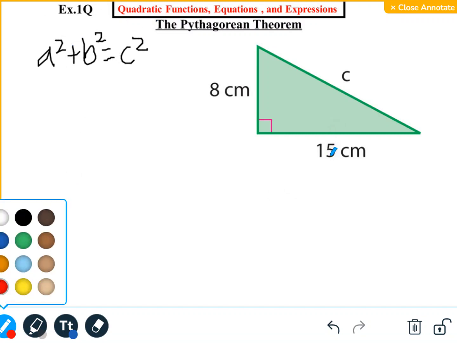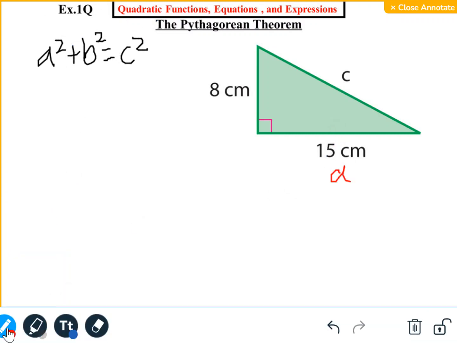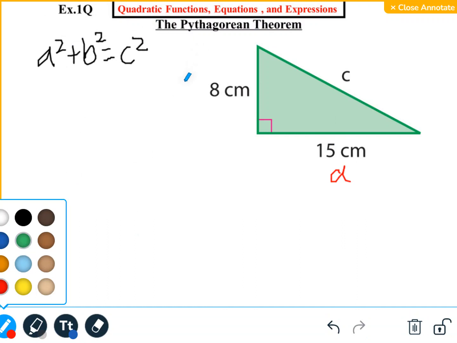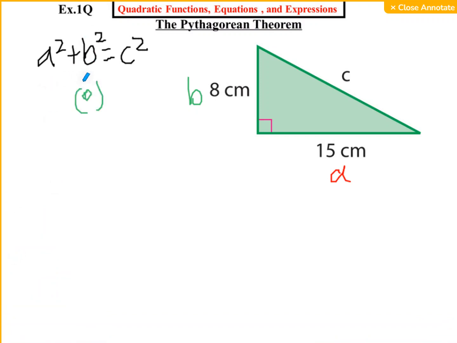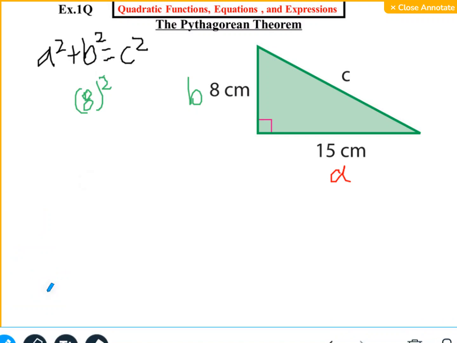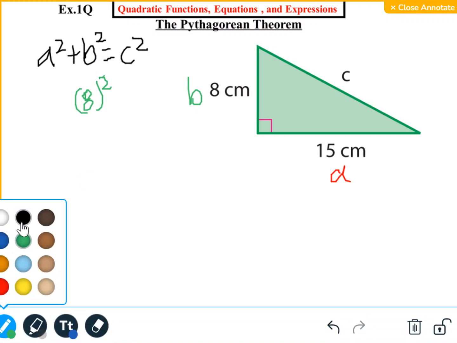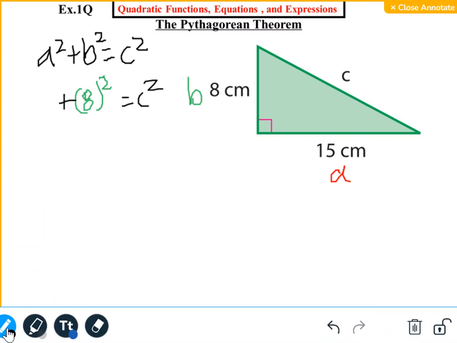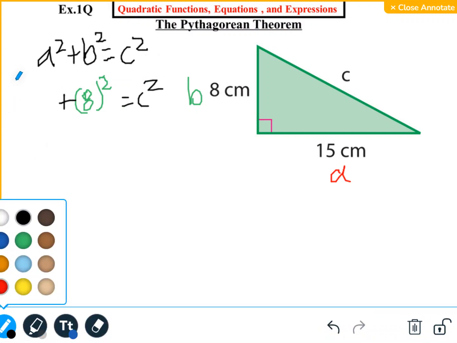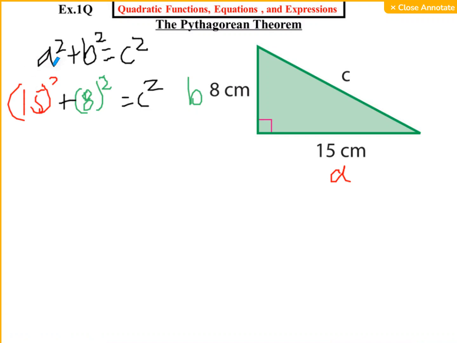So I'm going to label the base A and the height B, and the other one's already C. So A squared, and A is 15 squared.